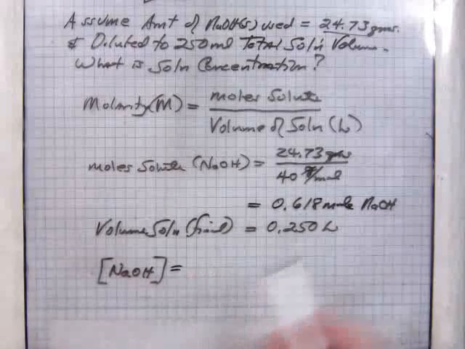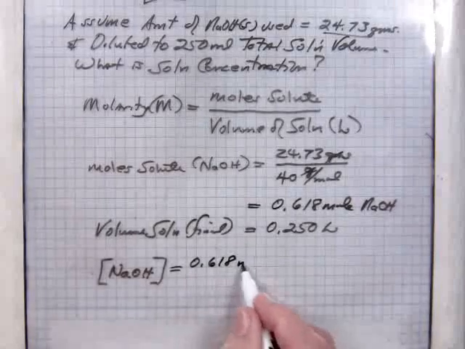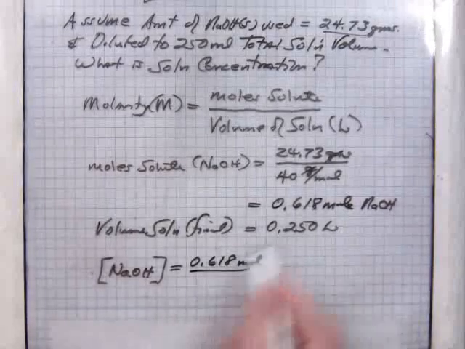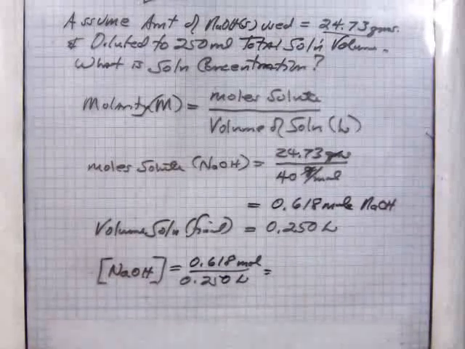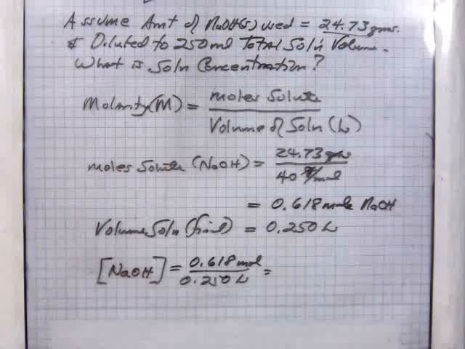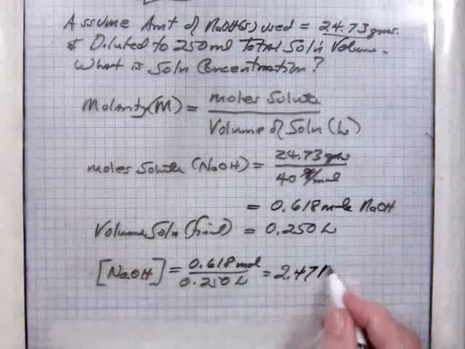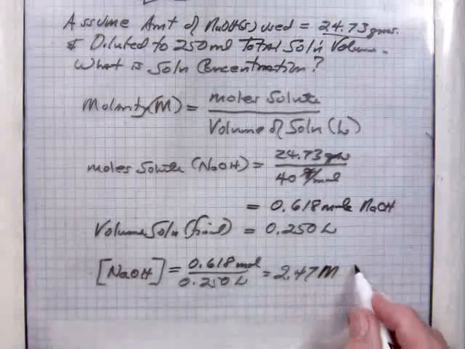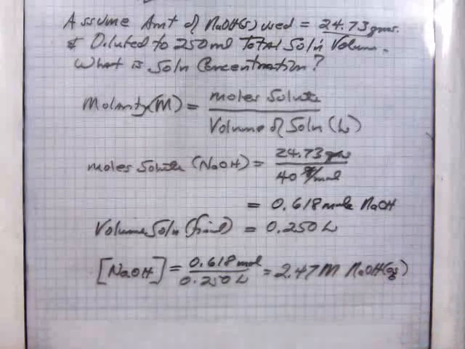Is equal to, well, the moles is 0.618 mole divided by 0.250 liters. And we have a 2.47 molar NaOH aqueous solution.